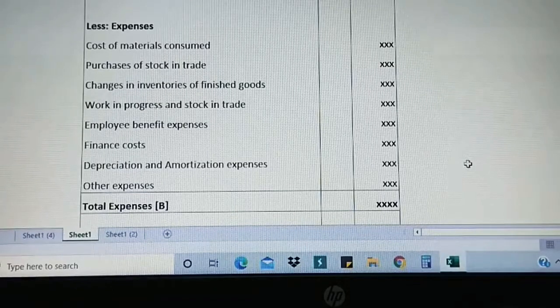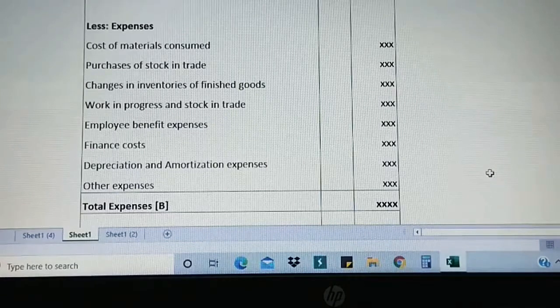Next, finance cost. Any interest paid you have to consider under finance cost. Then depreciation and amortization. I guess you people know what depreciation is. It is based on fixed assets, and amortization is on intangibles, say goodwill. Suppose depreciation is charged on a building, which is tangible, you call it depreciation.